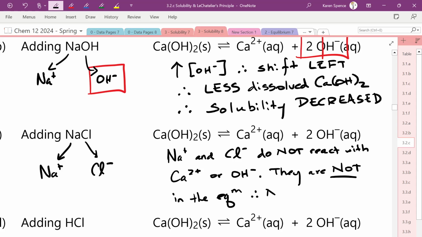Therefore, it has no effect. So if you said, how is the solubility of calcium hydroxide in sodium chloride as opposed to pure water? It would be the same.